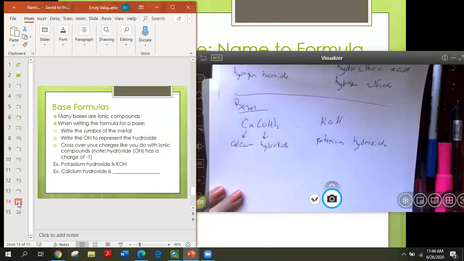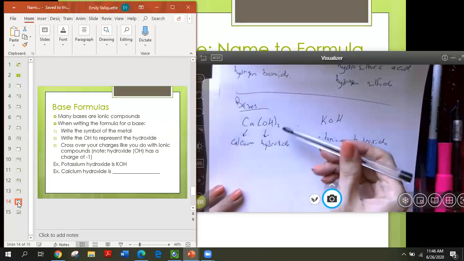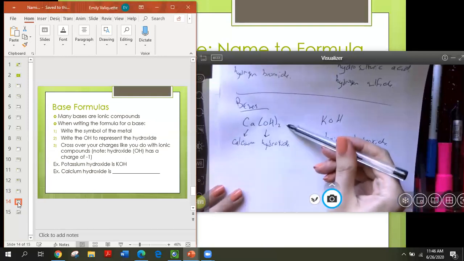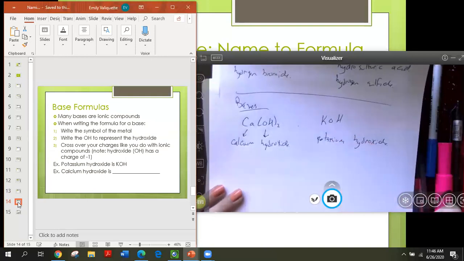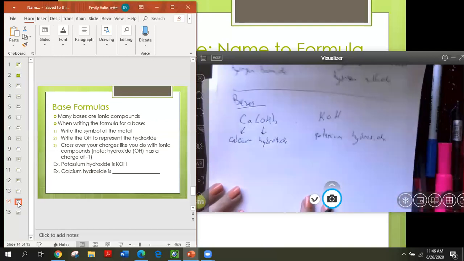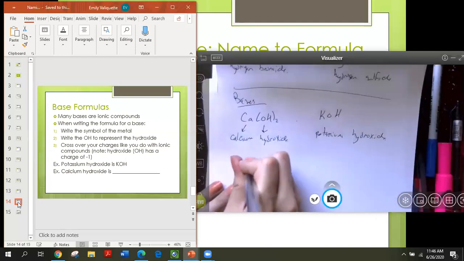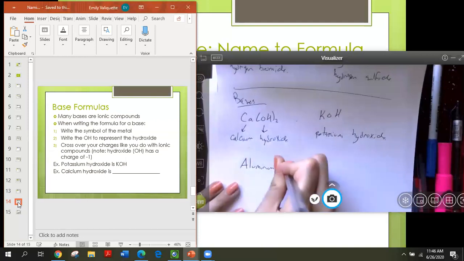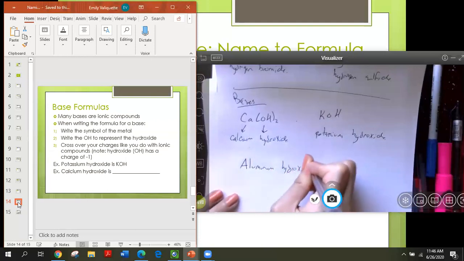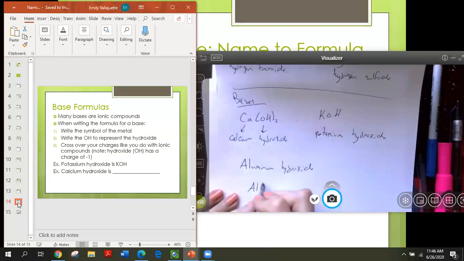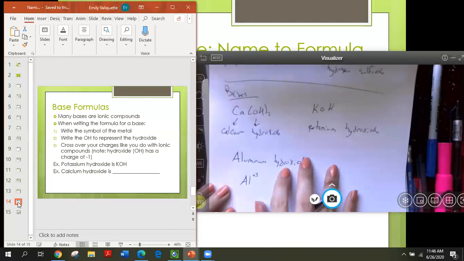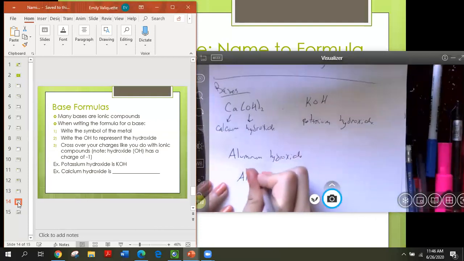And like I said, when we're working backwards from name to formula for bases, you do need to do your crossing over. So for example, if you had aluminum hydroxide, aluminum is Al, it's in the 13th column, it has a charge of +3. And then hydroxide, you do just need to memorize the charge of.